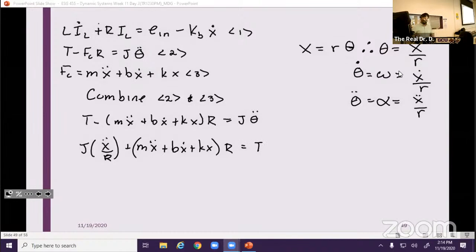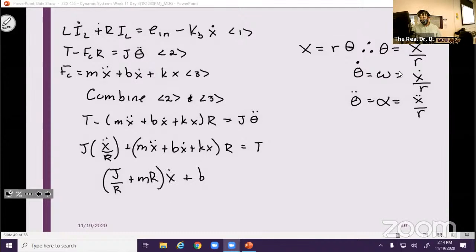And now I have everything in terms that I need. So I will just say that J over R plus M times x double dot plus B x dot, well, hold on, please.